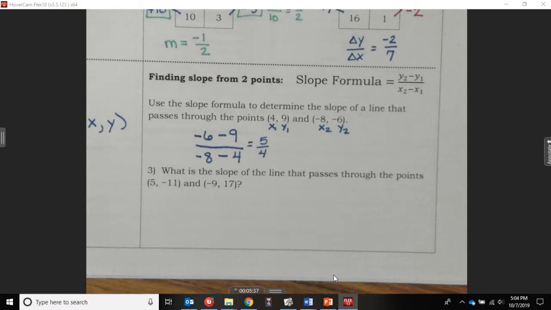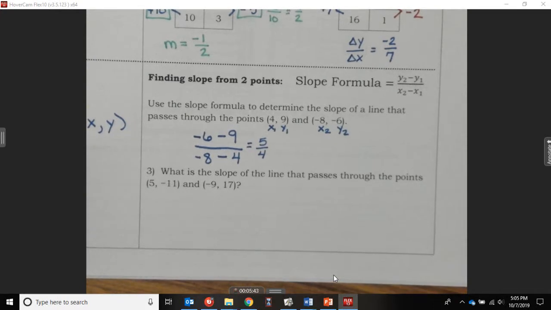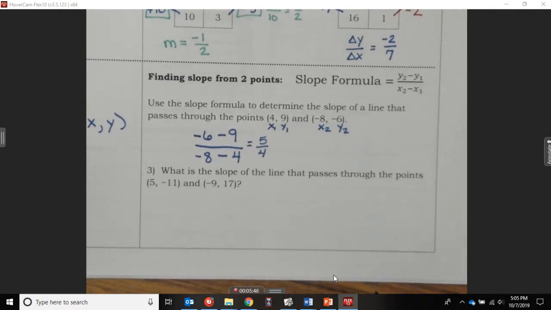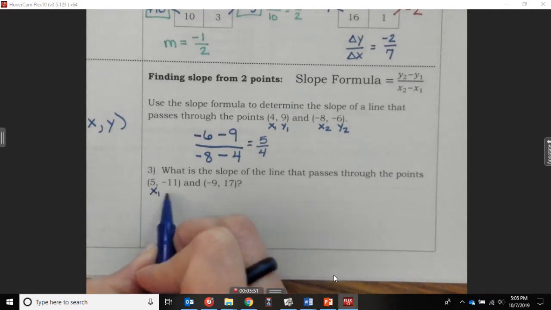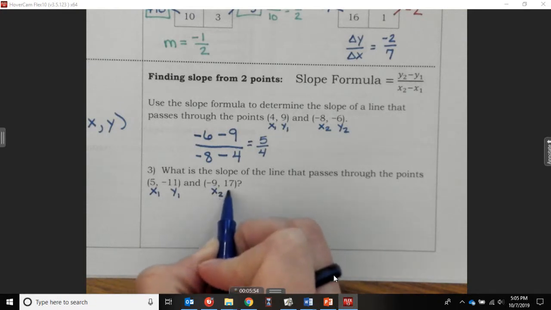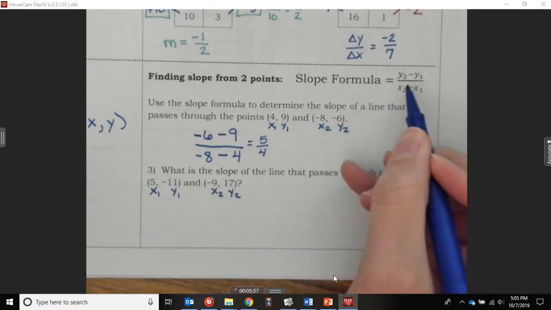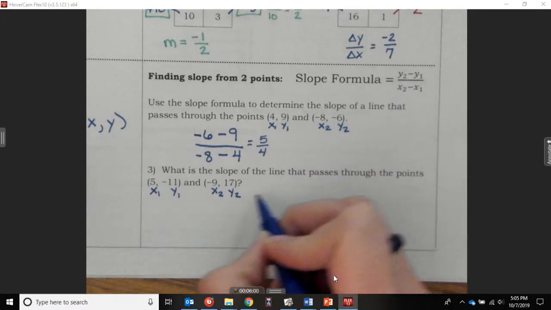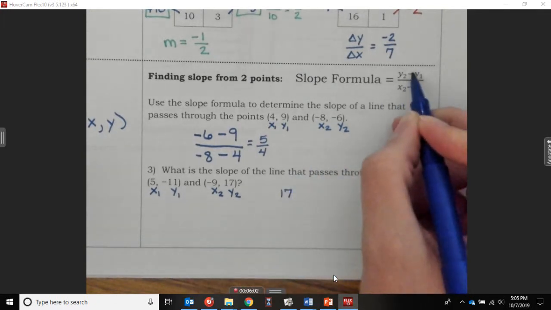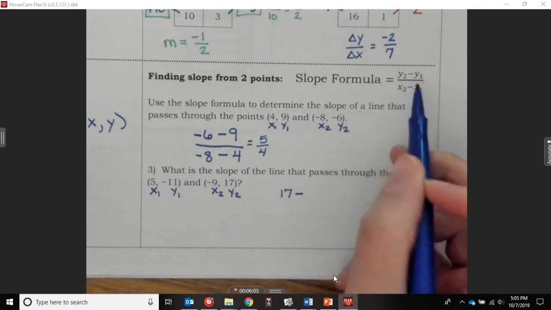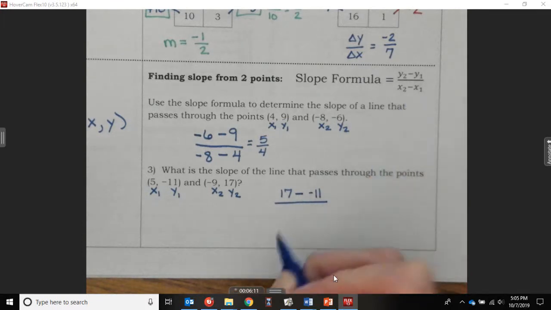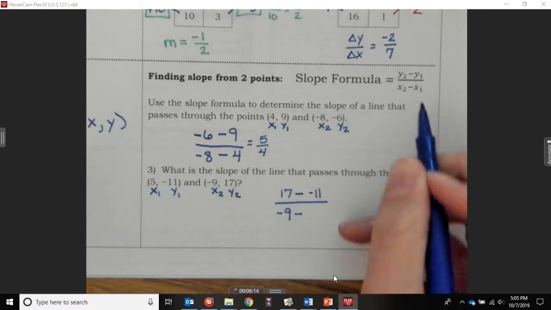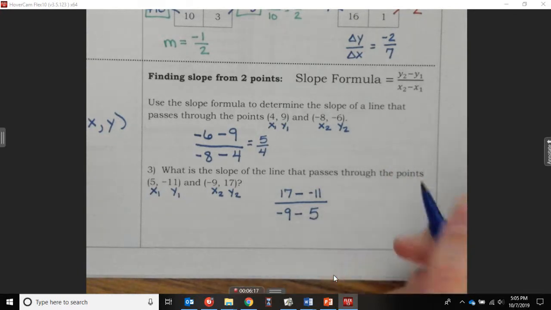Number 3. What is the slope of the line that passes through the points (5, -11) and (-9, 17)? And so we label them x1, y1, x2, y2. And we're just going to plug into this formula. y2 is 17 minus, because that's part of the formula, y1 is -11, divided by x2 is -9 minus x1, which is 5.